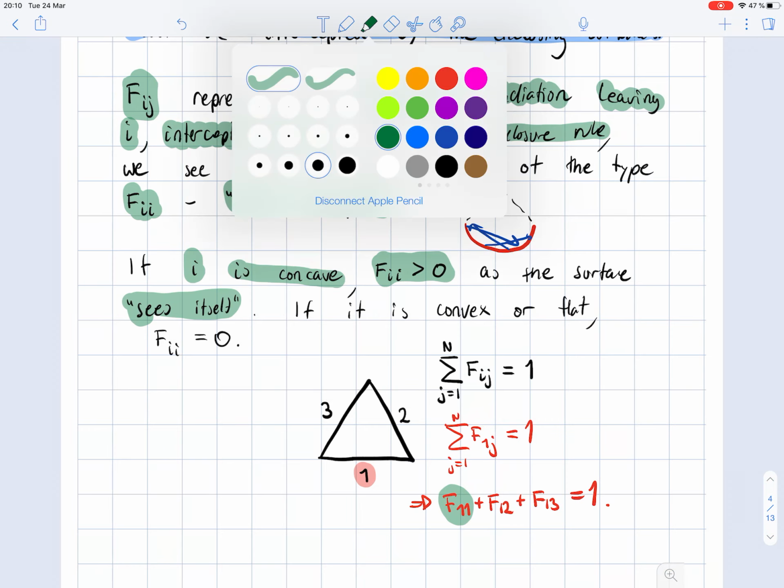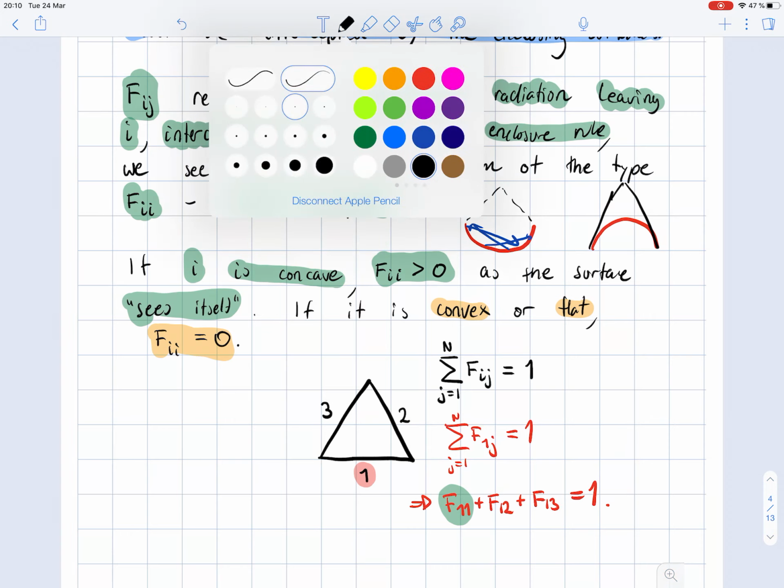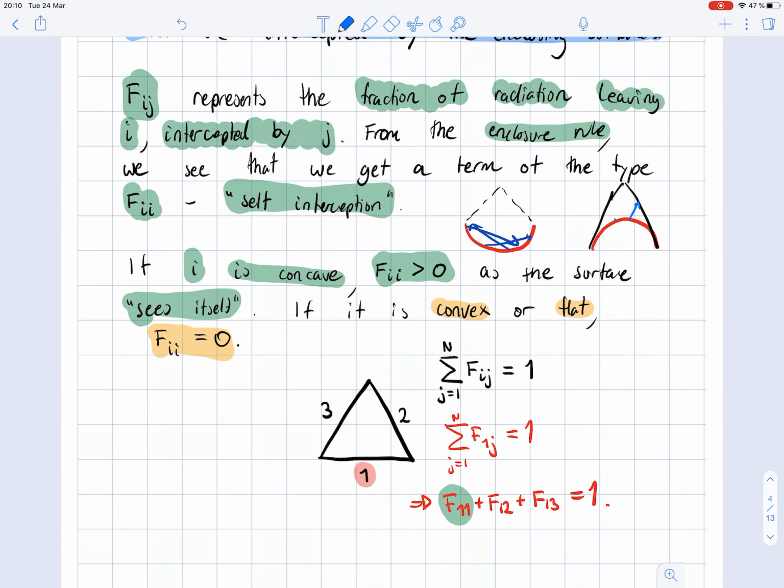If the surface is convex or flat, then this self-view factor is 0. A convex surface would look like this, and then we would have the surroundings. And then obviously this one will not see itself.